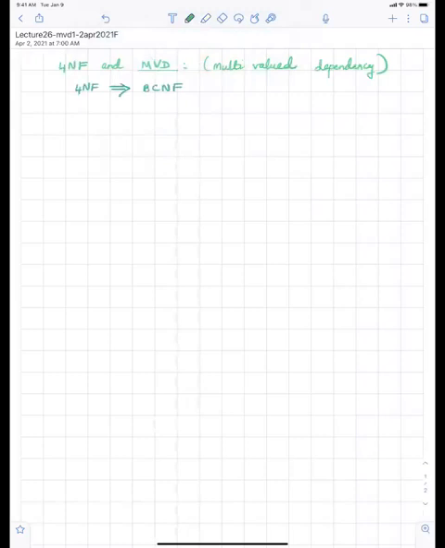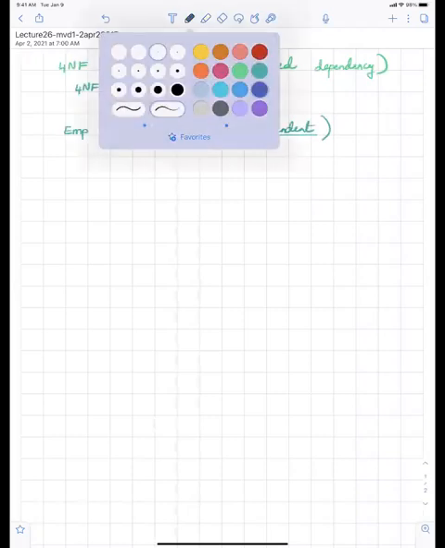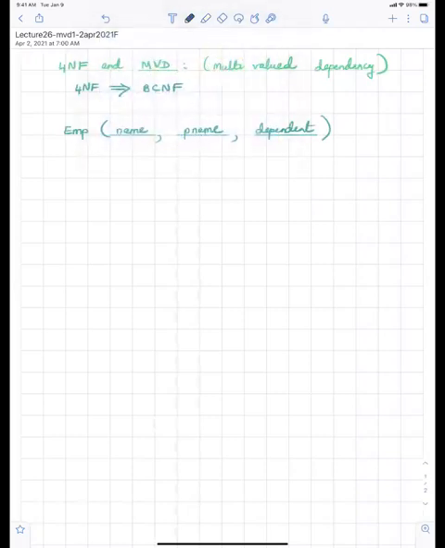So let's say we have this employee table, which has 3 attributes: name of the employee, the project the employee is working on, and the employee's dependents. And all 3 attributes are key. So this table has the following data. Let me just write it down. So there are 3 employees.